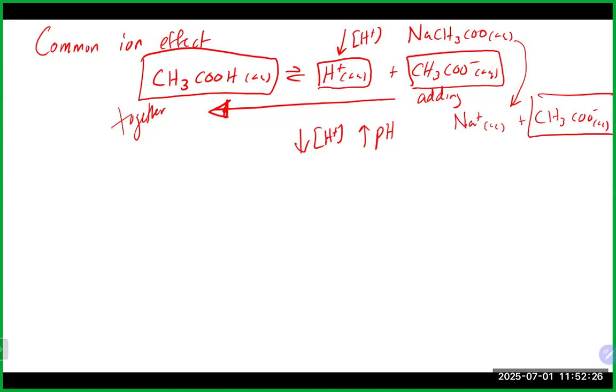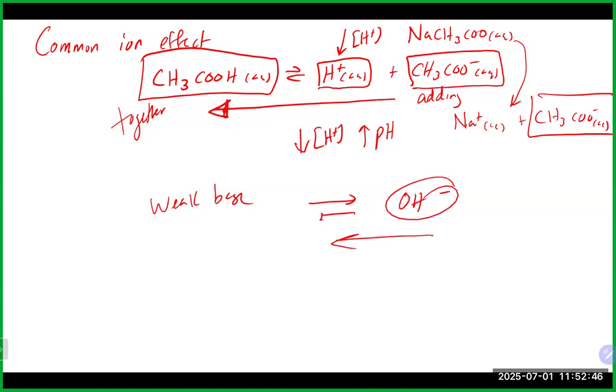It would also have a similar effect on a weak base. If you had a common ion with a weak base, it's going to keep that weak base together. In a weak base situation, you would be shifting away from the hydroxide.